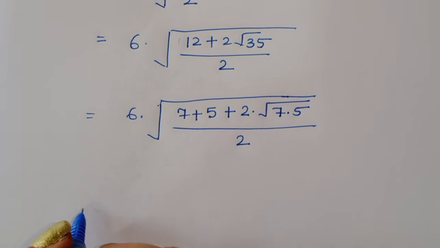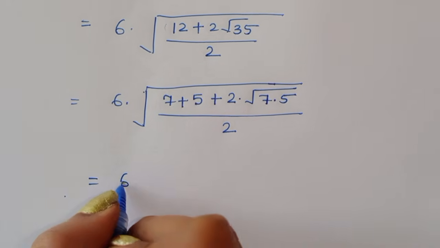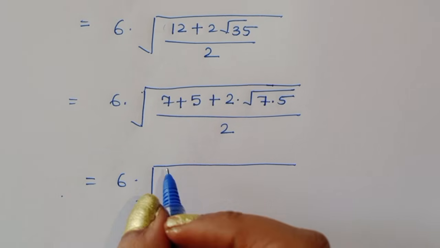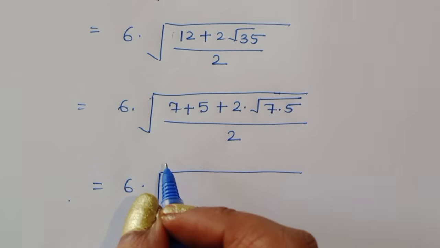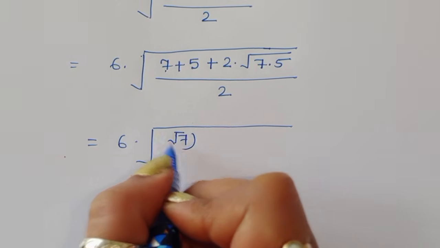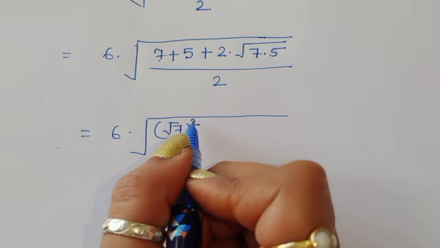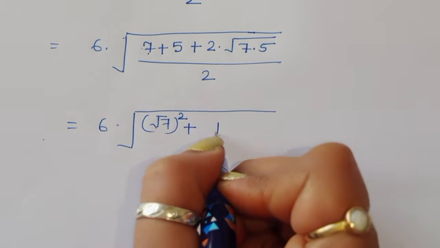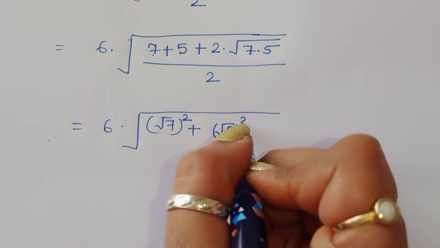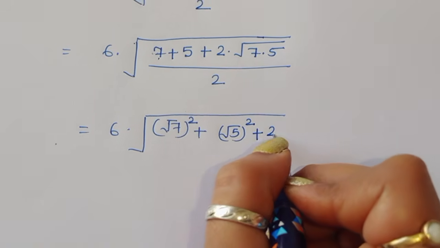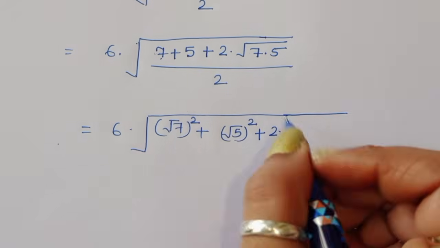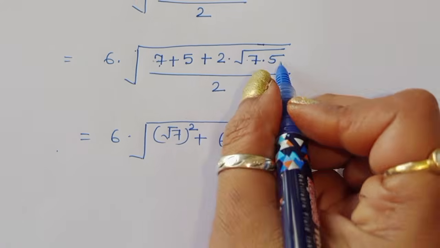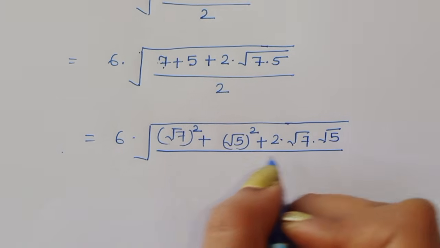We can write 6 times square root of, this is 7, so square root of 7 squared, plus square root of 5 whole squared, plus 2 times square root of 7 times square root of 5, divided by 2.